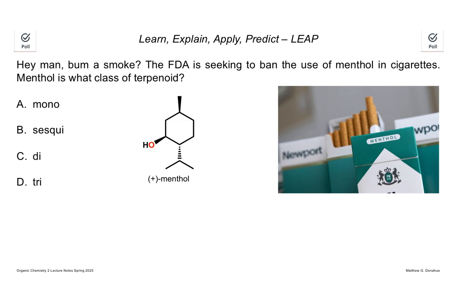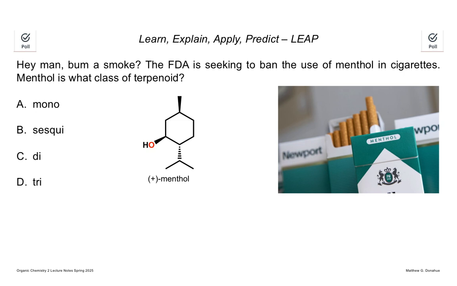Yeah, so this one's mono. So how do we know? If you count the number of carbons, there's 10. But really, the way that I do this is I'm looking for something that's going to help me figure out where the first isoprene unit is. And remember, isoprene is 2-methyl-1,3-butadiene.